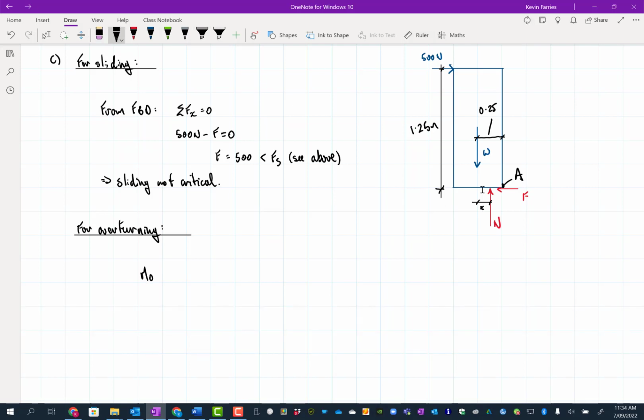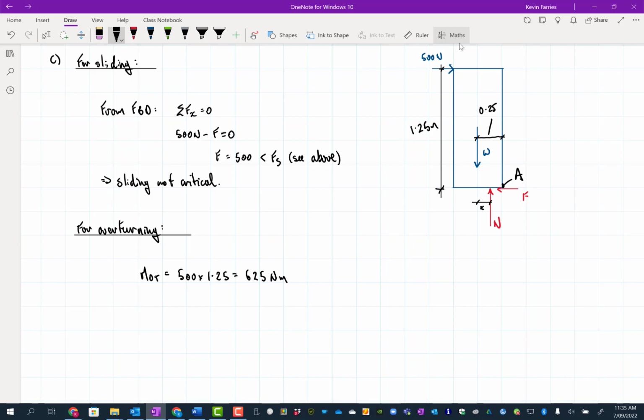So MOT, the overturning moment, is this one. So it's trying to overturn this object. So it's going to be 500 times 1.25, which is equal to 625 Newton meters.